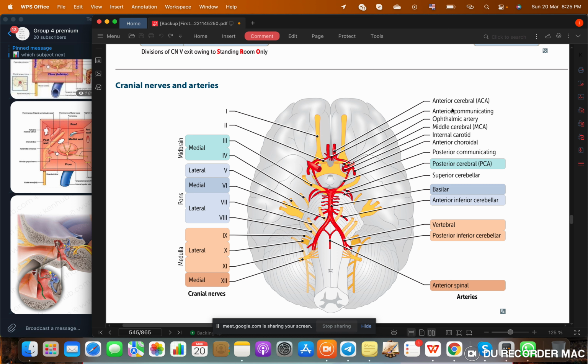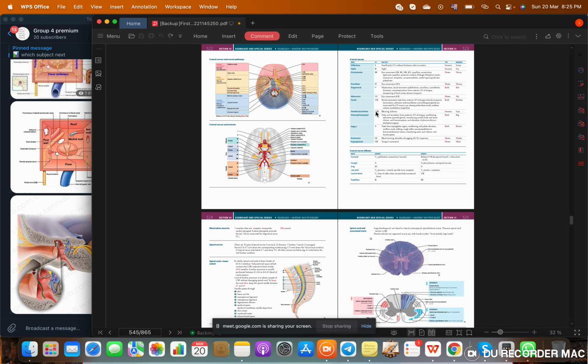The other structures are going to be something like this. So we have the vertebral, and they conjoin to make the basilar, and the basilar makes the PCA. And here you can see at the anterior circulation, we have the internal carotid, which gives the ACA and the MCA.